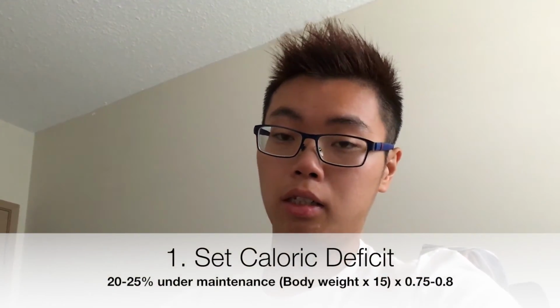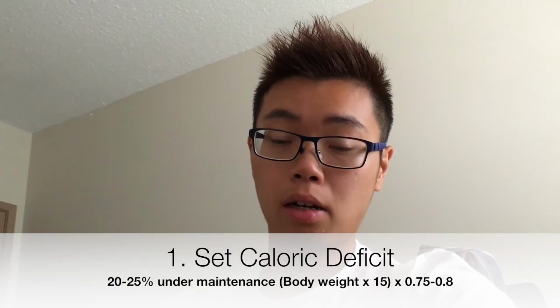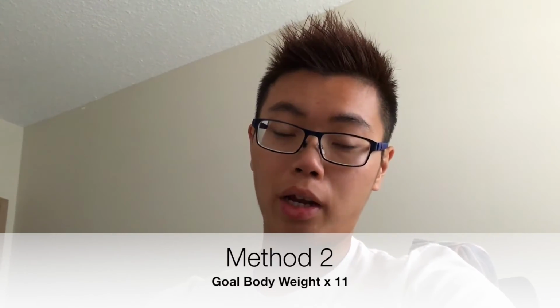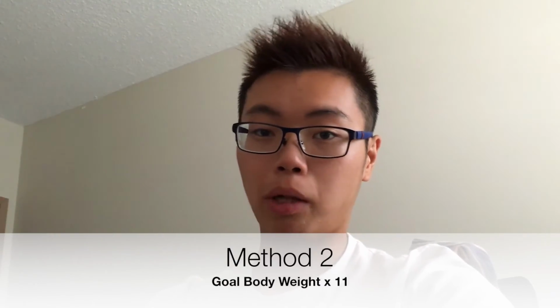So to recap what you need to do to drop weight or lose fat is set your caloric deficit to roughly 20%, or if you're really overweight, you can use a goal body weight, and I recommend 20-pound increments, and multiply your goal body weight or 20-pound goal by 11 to give you your cutting calories.